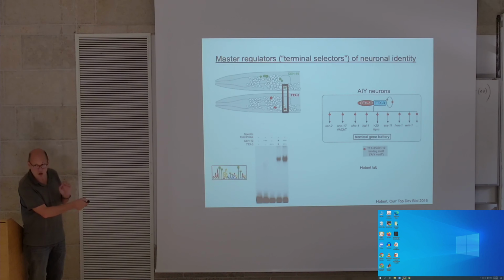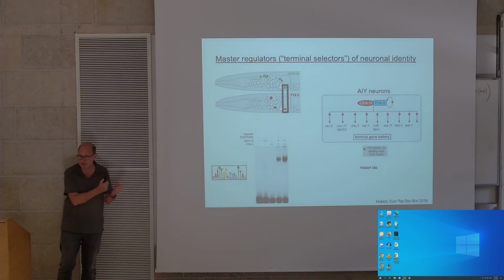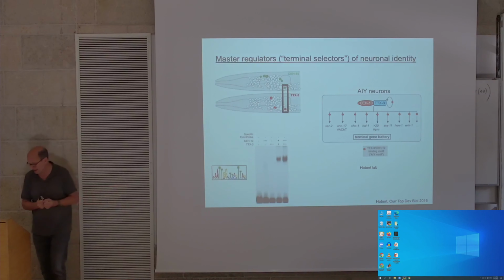Hence, in this neuron class, and only in this neuron class, they can heterodimerize, and only as heterodimers are they able to bind this little sequence motif that is present in all of those genes, for example here, neurotransmitter synthesis pathway, right, that are expressed in that specific neuron class. Okay? So this combinatorial theme of transcription factor action, I want you to really remember that. It's going to be a recurrent theme throughout my entire talk.